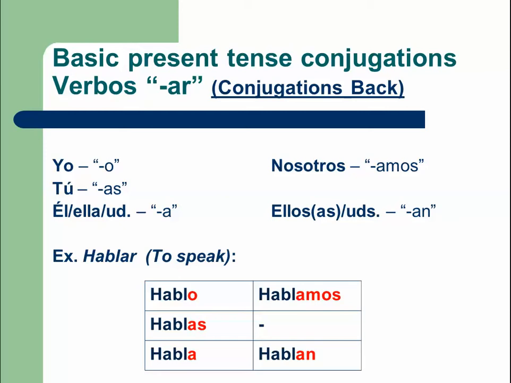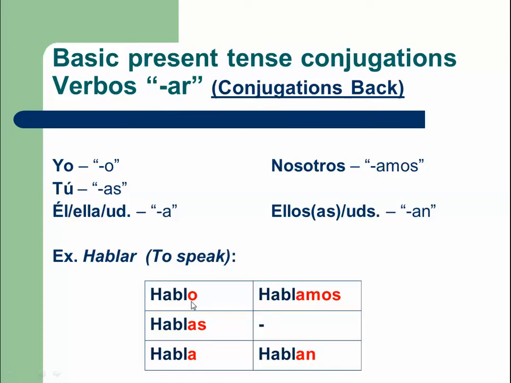So we have this chart. The first person is on the top, second person is in the middle, third person is on the bottom. Usted, remember, is you formal, and then ustedes means you guys plural. Alright, so it's just O, as, a, amos, an.